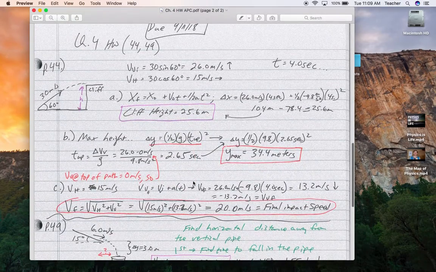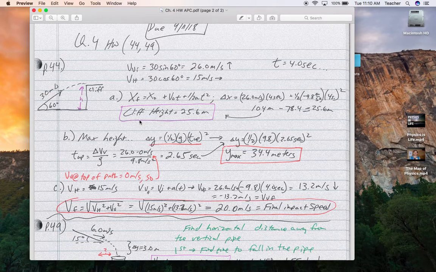Number 44 was, I think, the most complicated problem. So a picture of this helped. Initially, you've got something shot at 30 meters per second at 60 degrees from the horizontal. It's going up to the cliff, and that gives it a vertical velocity of 26 meters per second, a horizontal velocity of 15 meters per second. The total time, I said, was 4 seconds.